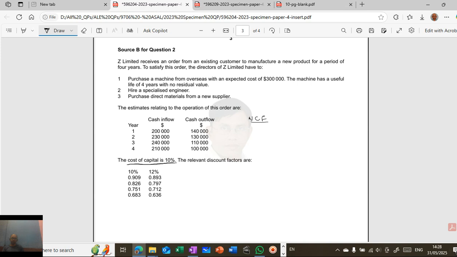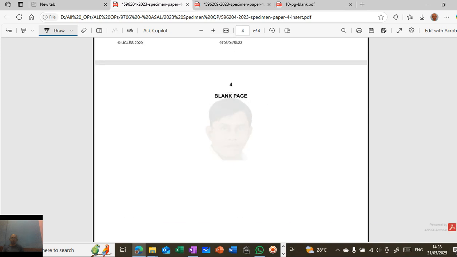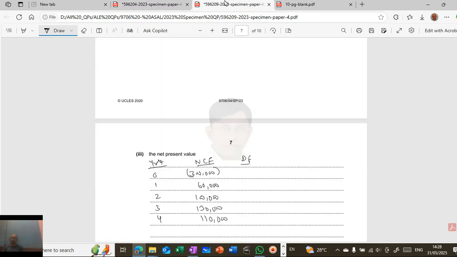So multiply and write the discounting factor. First year is one, so here it is 0.909, which is 1 divided by 1.1.